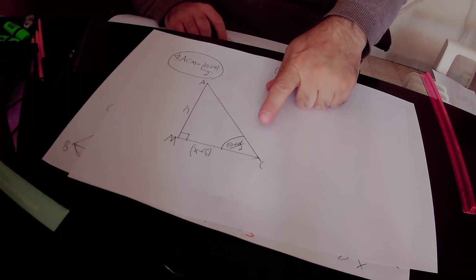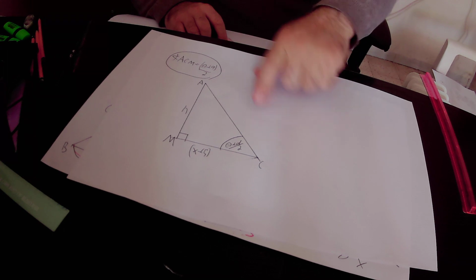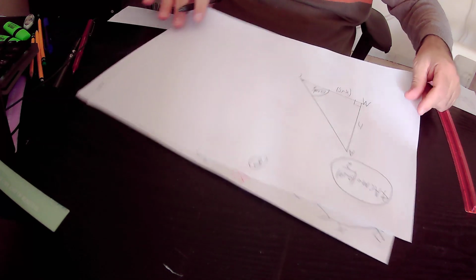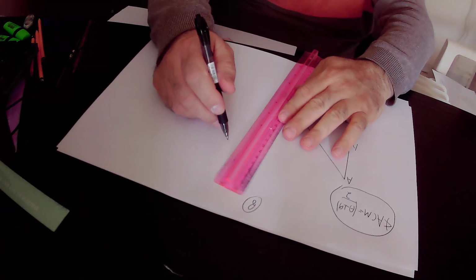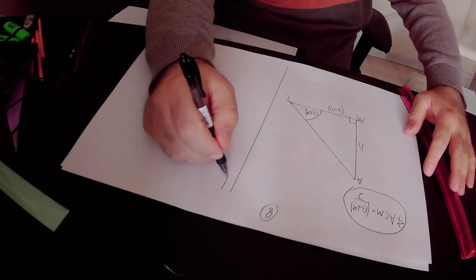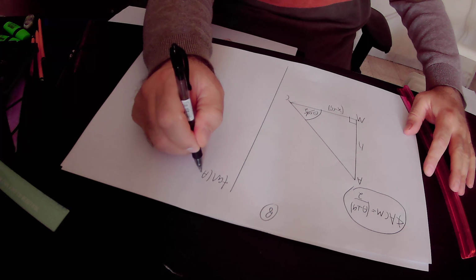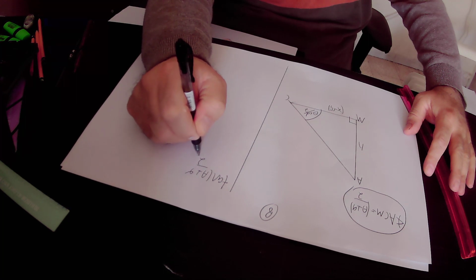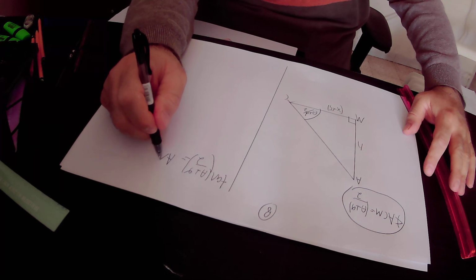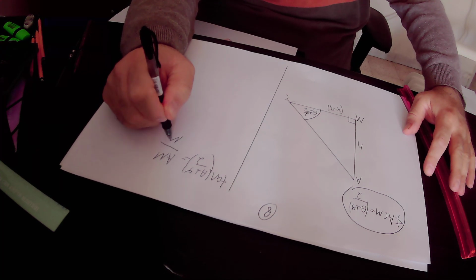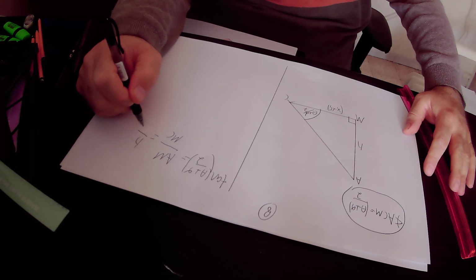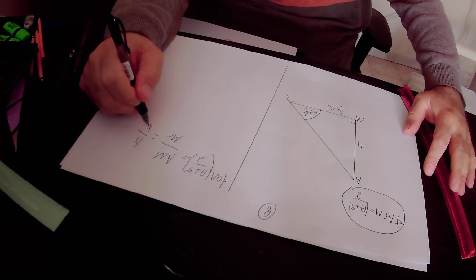So what is the value of tangent theta plus alpha over 2? Here we will write down that the value of tangent theta plus alpha over 2 is actually equal to AM over MC. But AM equals H according to our definition, and MC we already found out equals X plus 5.